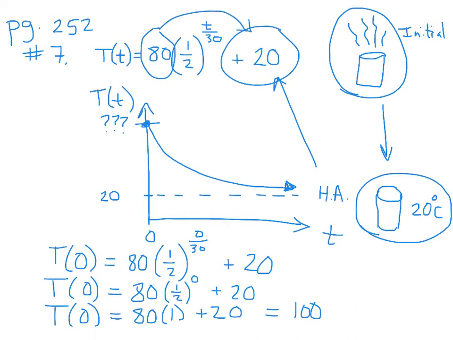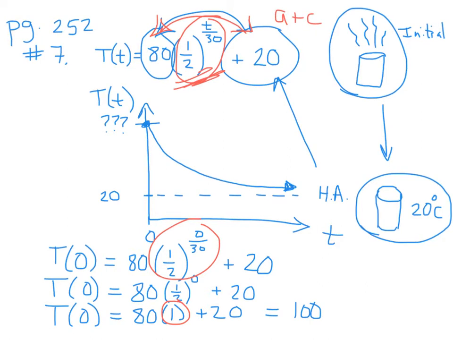Now, if you did a few of these problems with temperature and you had to graph these, you would start noticing that when you plug in time equals 0, that kind of gets rid of this stuff over here, because it ends up being 1. So we know that the initial temperature is always A plus whatever your value of C is. A plus C is 80 plus 20, and that makes this 100. So whenever you're plugging in x equals 0, we know the initial always happens at A plus C, which is 100.